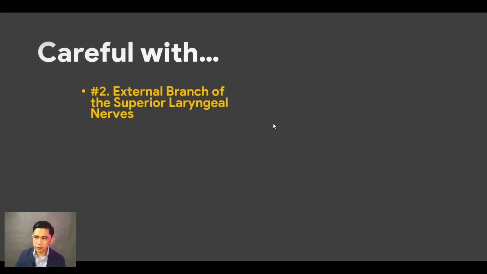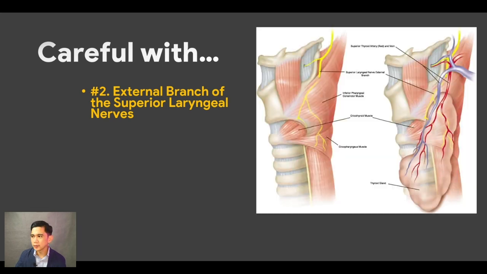Then, we have to be careful with the external branch of the superior laryngeal nerves. Again, we have 2 superior laryngeal nerves. So, this is the yellow structure. This is the external branch, and it goes down. This is the hyoid. This is the thyroid cartilage, and this is the cricoid cartilage.